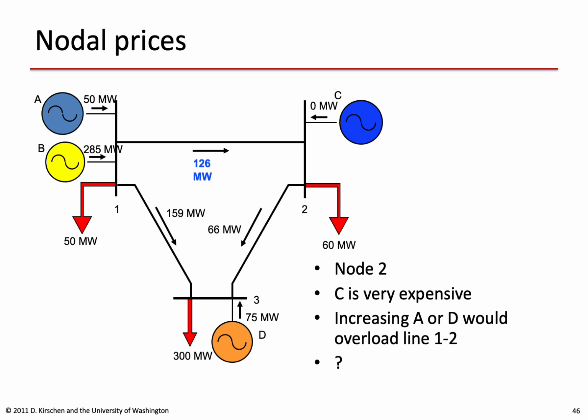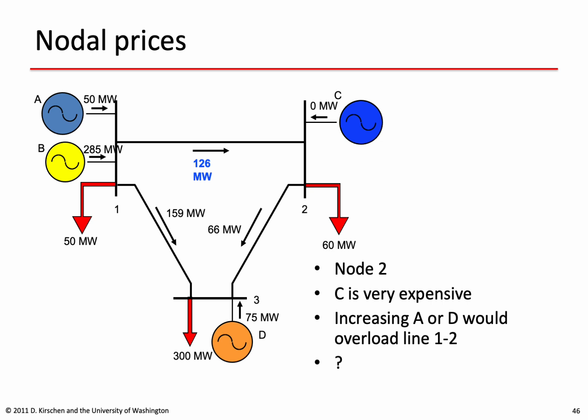How about node 2? Well, if we add the megawatt of load at node 2, we could produce it with generator C, but generator C is very expensive. So let's see if there are other solutions. If we produce an extra megawatt with A, some of it is going to flow on line 1, 2, and that's not going to be acceptable.